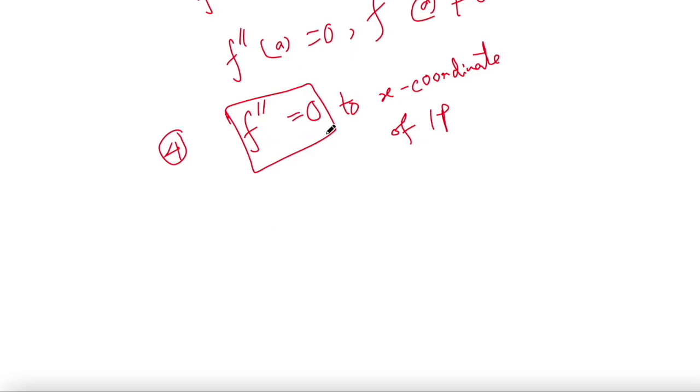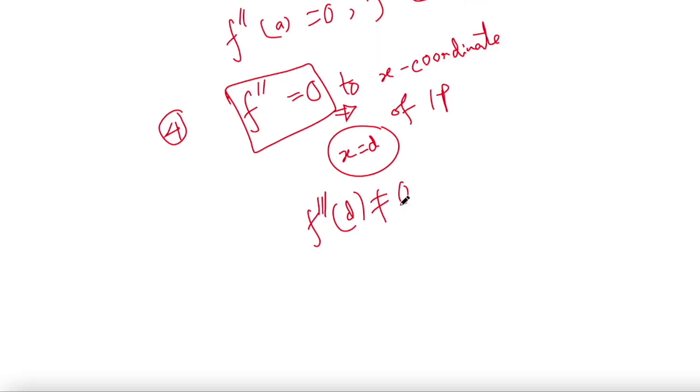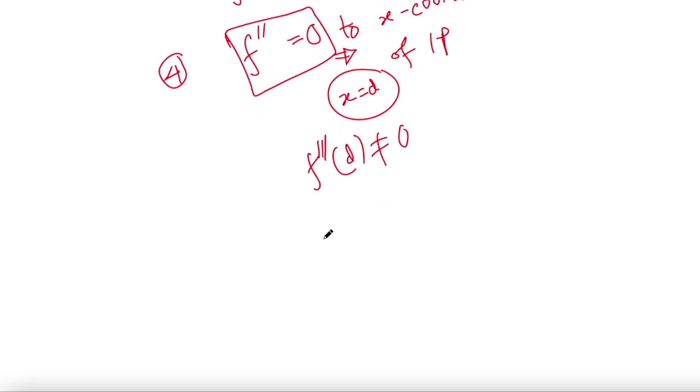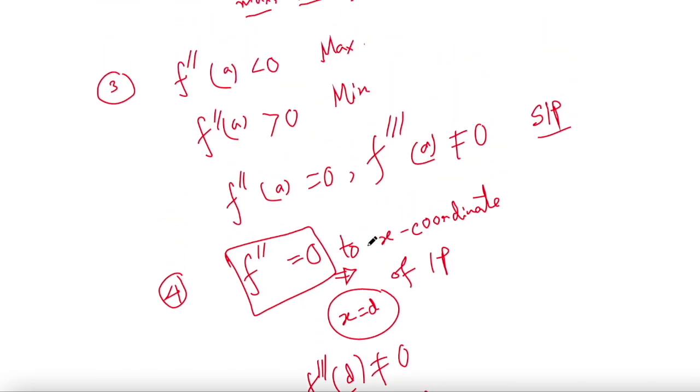Second derivative equal to 0 gives us the x coordinate of the IP, and let's say you will get x equal to d here. At x equal to d, if the third derivative is not 0, then you will confirm that there is an inflection point at x equal to d, and the y coordinate of the inflection point you will obtain from the given function.